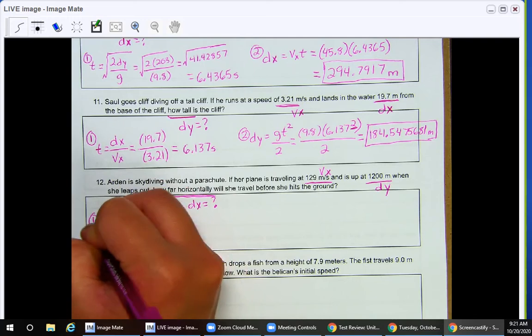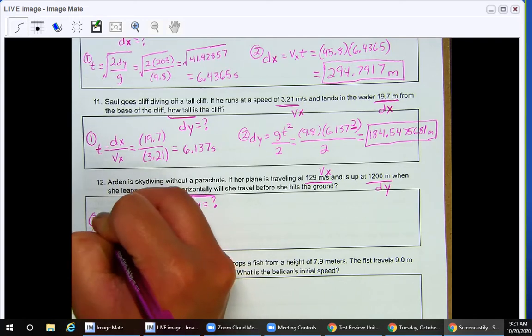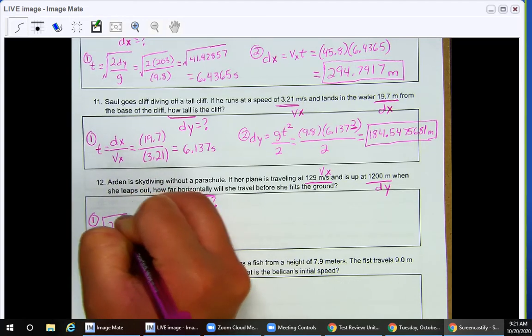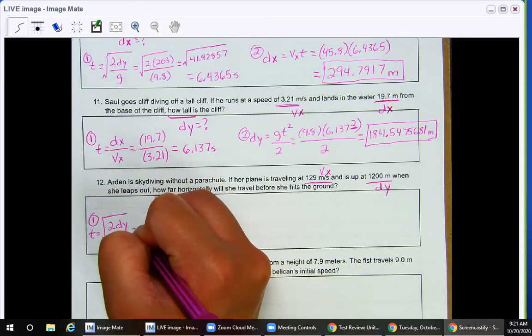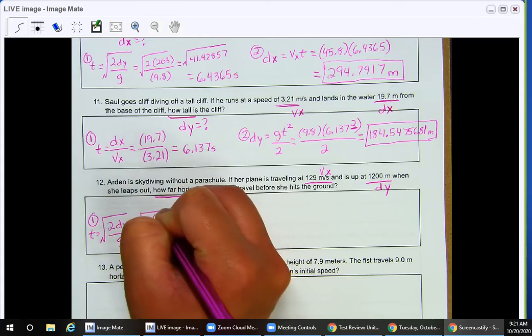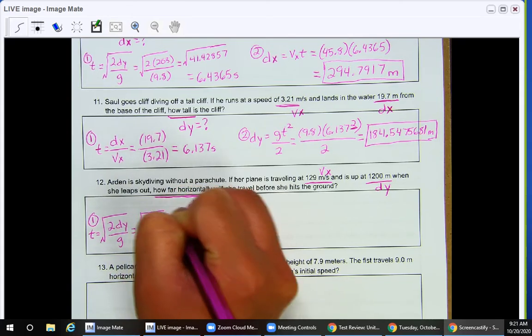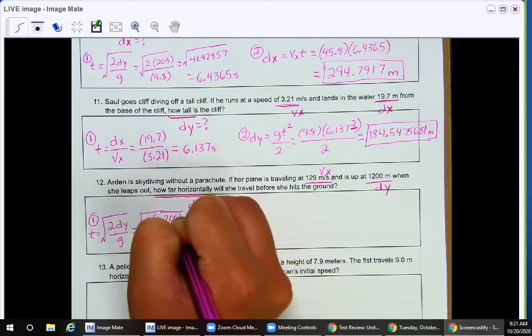Again, to solve for dx, we need time, so this is another two-part problem. We're going to solve time using our dy. So time equals the square root of 2 times dy over gravity. Square root of 2 times 1,200 divided by 9.8.